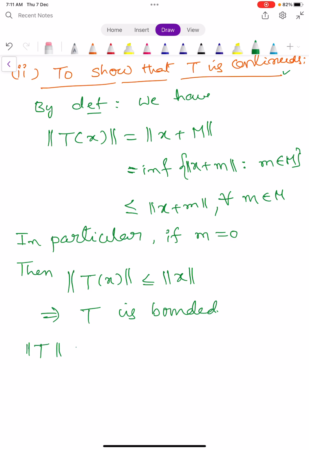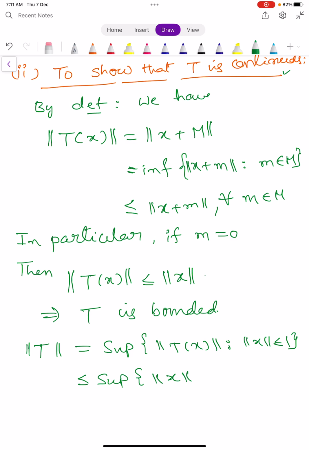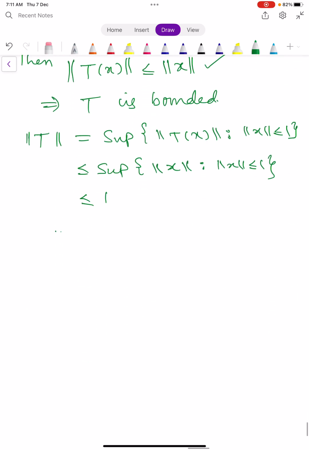Norm T is equal to the supremum of norm T of x such that norm x is less than or equal to 1, which is less than or equal to the supremum of norm x, because norm T of x is less than or equal to norm x, such that norm x is less than or equal to 1. This is again less than or equal to 1. So we show that norm T is less than or equal to 1.